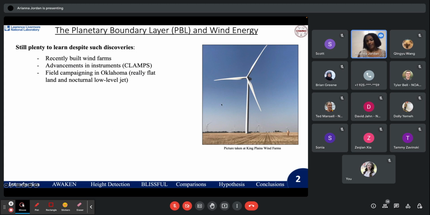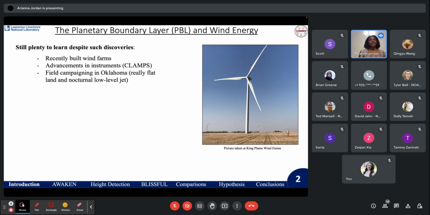Here's a picture of one from northern Oklahoma. It's a really unique land because not only does it have really flat topography, which takes away some of the complexities, but we also have the common nocturnal low-level jet in our overnight hours. That's really characteristic of our region. So there's still a few things that we can learn from all of this.